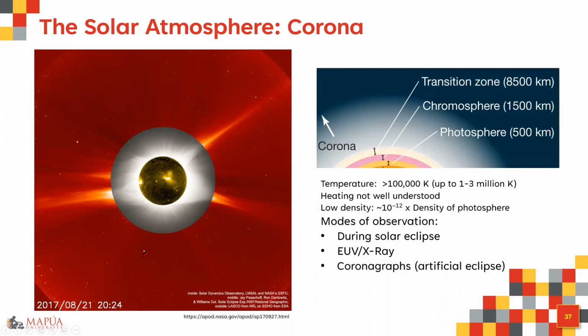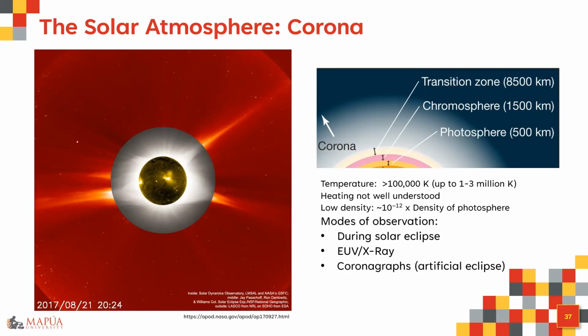Because as I mentioned earlier, most of the light from the sun is coming from the photosphere. That means the light coming from the other regions, especially the corona, is very faint. That's why we have to cover the main source of light, which is the photosphere, to emphasize the light coming from the solar corona.